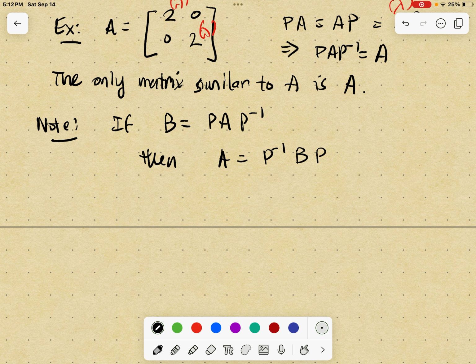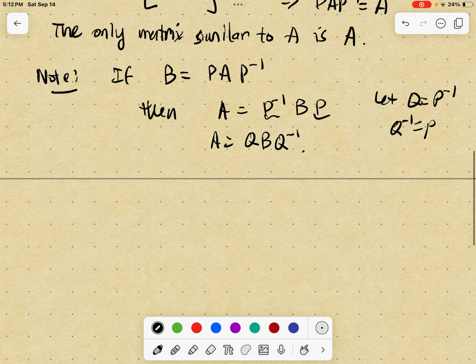And this is also a matrix times B times the matrix inverse, right? Because if we let Q be P inverse, then Q inverse is P, so this is Q times B times Q inverse. So this relationship of being similar is symmetric in the sense that if B is some invertible matrix times A times that matrix inverse, then A is some invertible matrix times B times the matrix inverse. Okay?